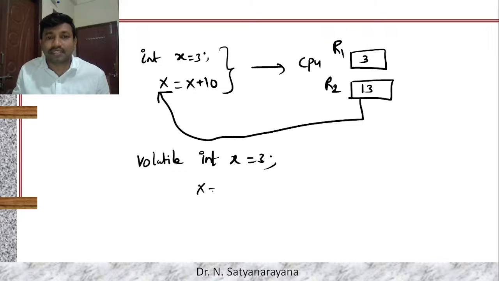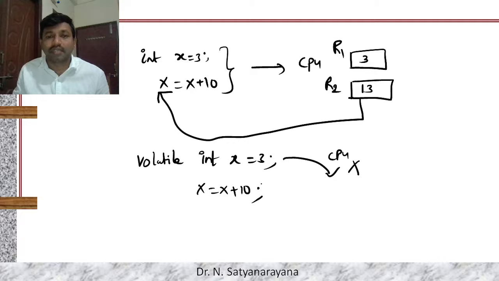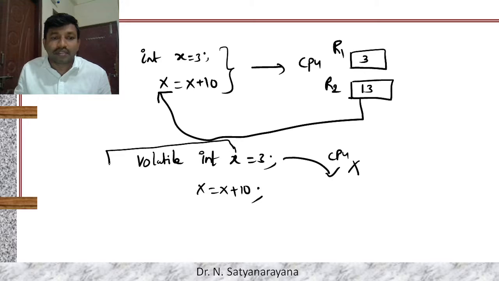If I say x is equal to x plus 10, the CPU won't take this value into CPU registers, because when I declare a variable as volatile, the possibility that x is getting modified from outside of the program is higher.